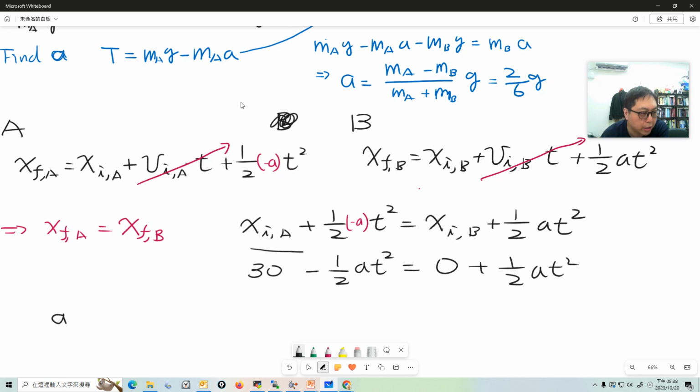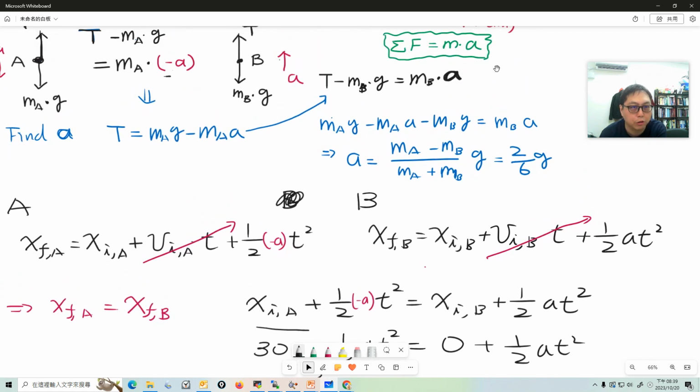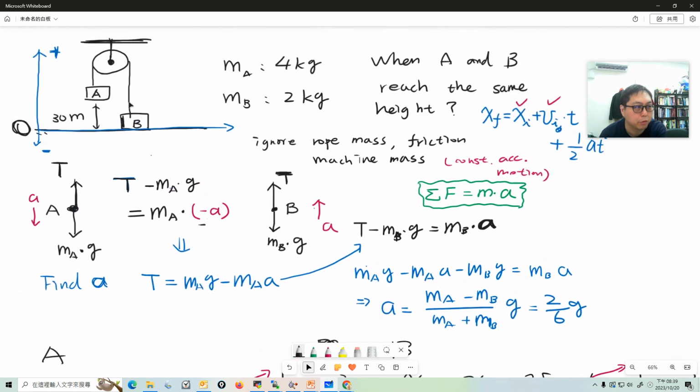We already know that a is equal to 1/3 G. Putting everything together, this gives you a T squared equal to 30, and a is 1/3 G. So you can find that T is equal to, I'll just give you the answer, 3.03 seconds. So after the initial setup, after 3.03 seconds, A and B will reach the same height.